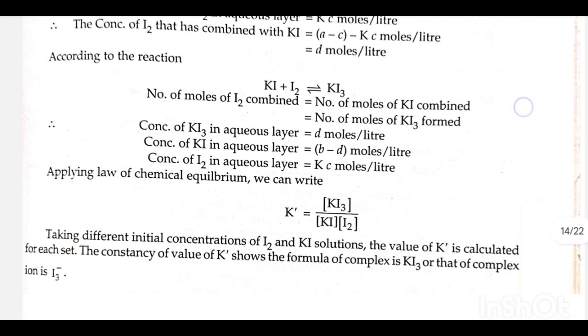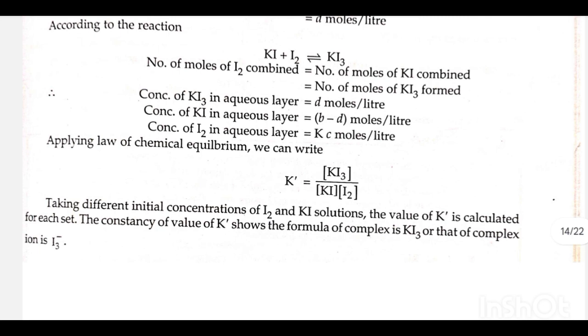According to the reaction, KI + I2 gives KI3. The number of moles of I2 combined is equal to the number of moles of KI combined, which is equal to the number of moles of KI3 formed. The concentration of KI3 in the aqueous layer is D moles per liter. The concentration of KI in the aqueous layer is B minus D moles per liter. The concentration of iodine in the aqueous layer is KC moles per liter.